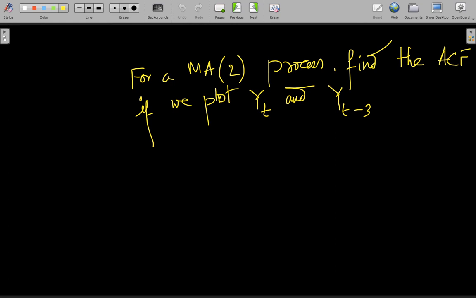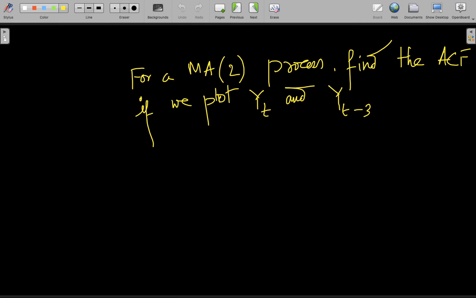Suppose we have an MA(2) model and we need to get some idea about the ACF from the plotting of Yt and Yt minus 3. If you know about the MA(2) process and the way it works, just by looking at this question, you will have a clear answer. In an MA(2) process, you really have the covariance up to lag 2.